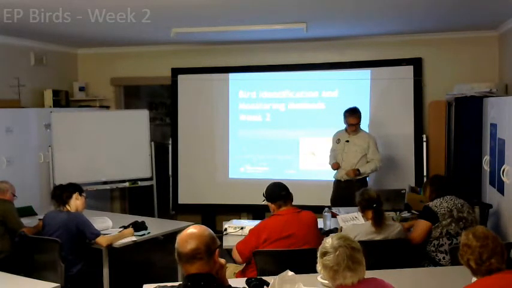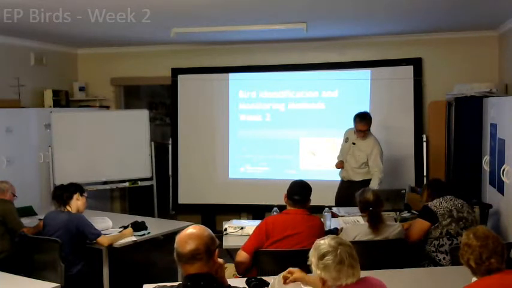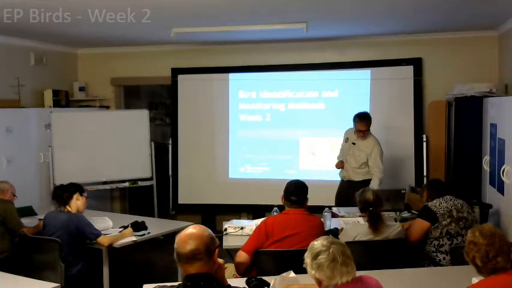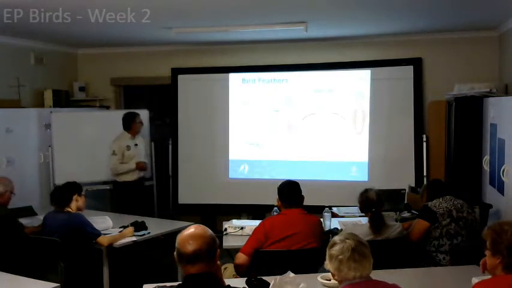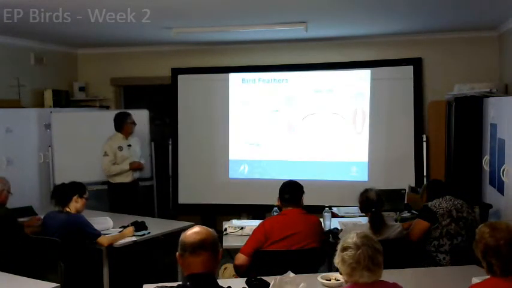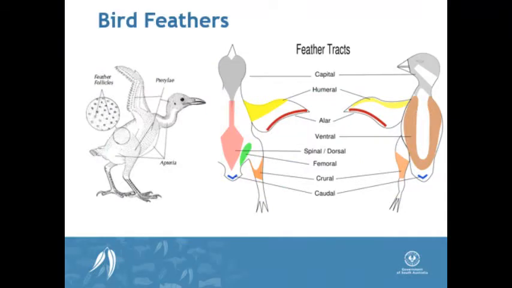Right, so what I'd like to talk about today is the main structures on a bird on the outside, and then over the next few weeks we'll look at other bits of them. But to start with, anyone who's ever plucked a chook, you know that the bird isn't covered in feathers all over the body.